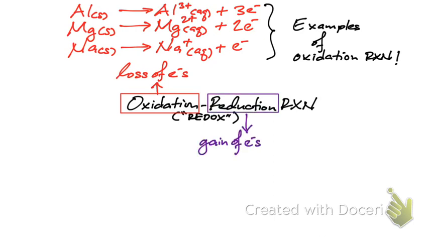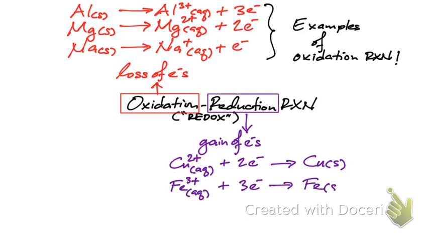Reduction, on the other hand, is the gain of electrons. So for instance, let's say we have copper ions, and the copper ion gained 2 electrons, then the copper ion would undergo reduction reaction, in which the copper ion is reduced into solid copper.